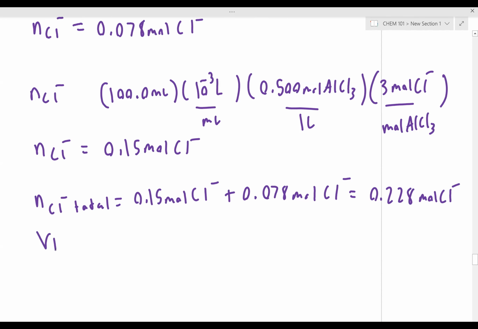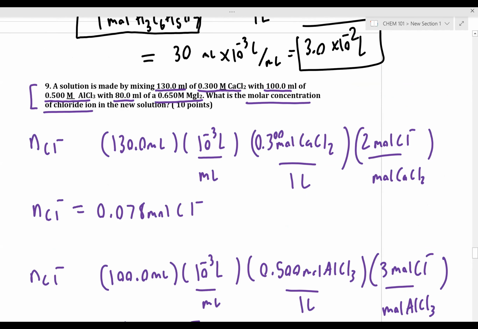Okay, we next need to figure out our total volume. If we want to calculate molarity, we need the total moles and the total volume. So then, what 3 volumes have we mixed together? I see 130. What's our next volume? 100. And what's our final volume? 80.